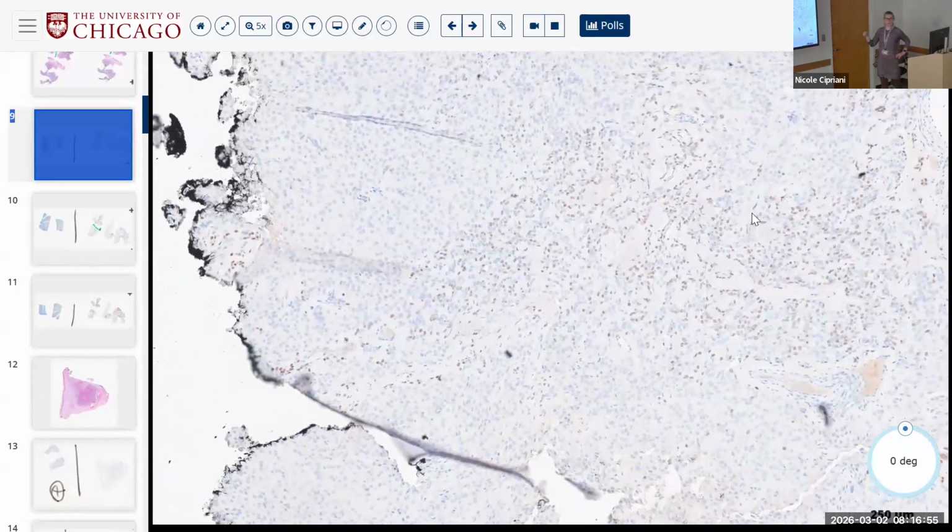So then you have to ask yourself, is this P40 expression in entrapped non-neoplastic ducts, or do these look like possibly neoplastic? Neoplastic. Probably neoplastic because why? There's no interface that separates them from the rest of the tumor, it just all blends together. Yeah, there's no discrete interface.